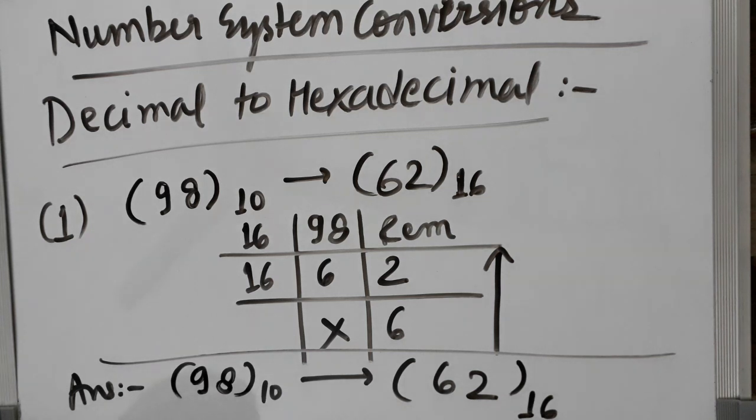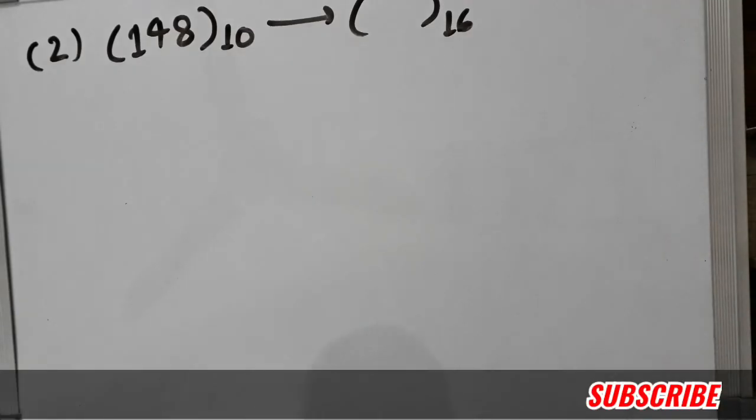Now coming towards another example, another question in the conversion of decimal to hexa, because I will be discussing multiple questions in this video, as it could have multiple kinds of answers. Let's see another one. This is my second question, 148 decimal to hexadecimal.